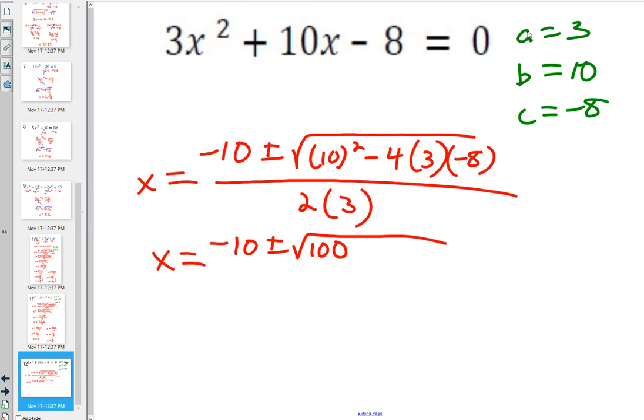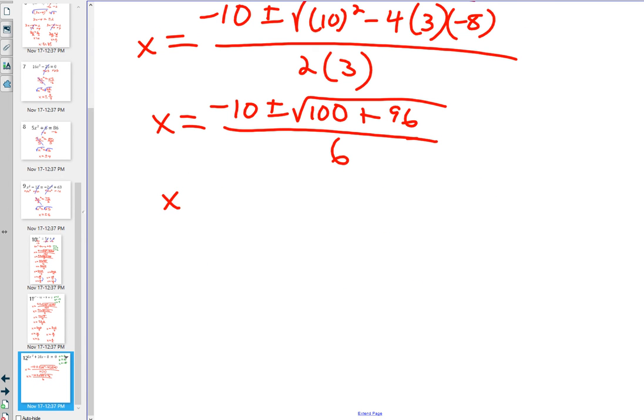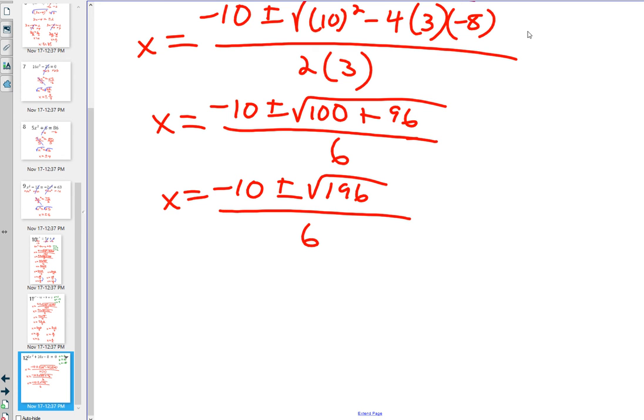Since there's two negatives, that's going to be a plus, and 4 times 3 times 8 is 96. Square root of 196 would be 14, right?